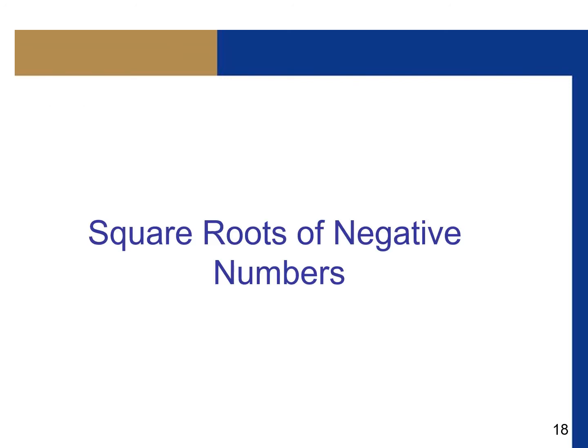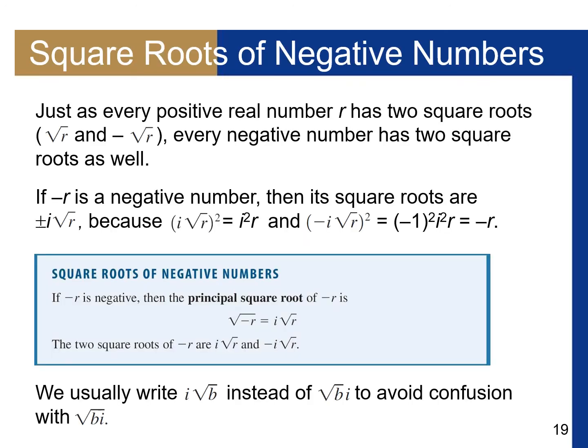Now, square roots of a negative number. Just as every real positive r has 2 square roots, every negative number also has 2 square roots. So after you pull the i out, you are still going to have this plus or minus right here in front of it.